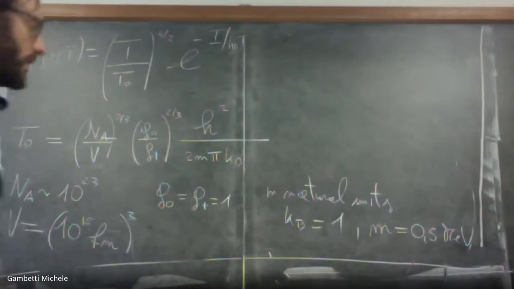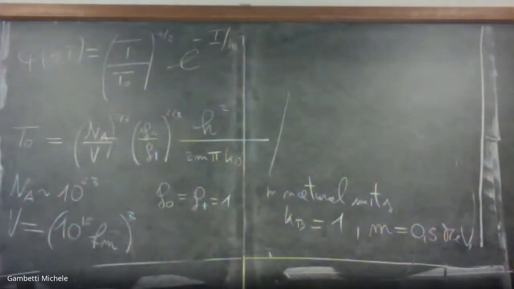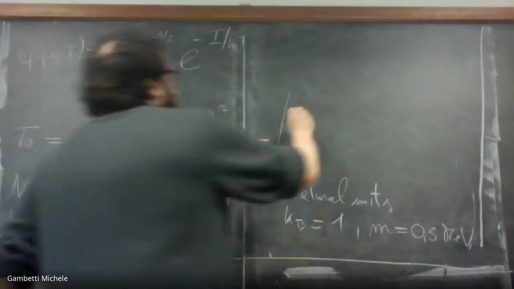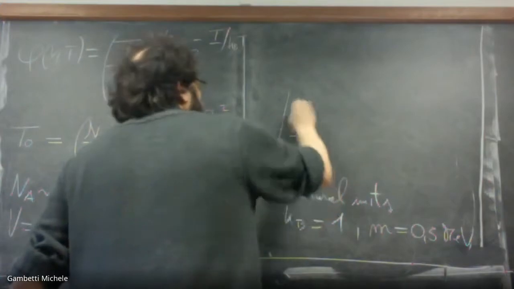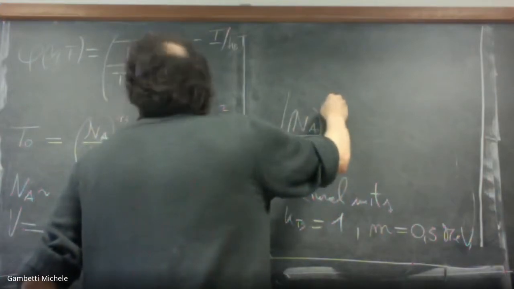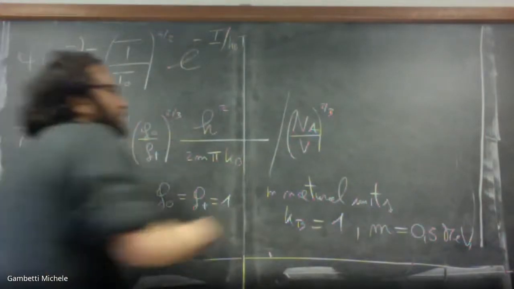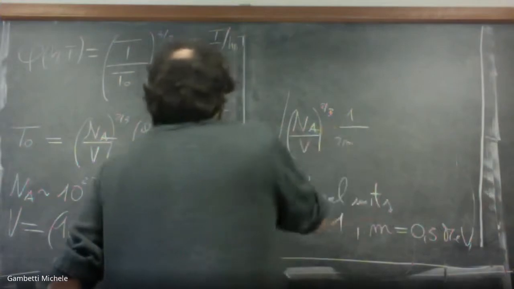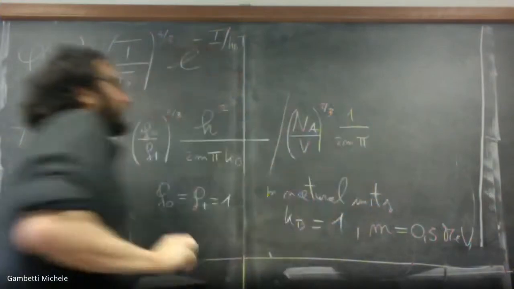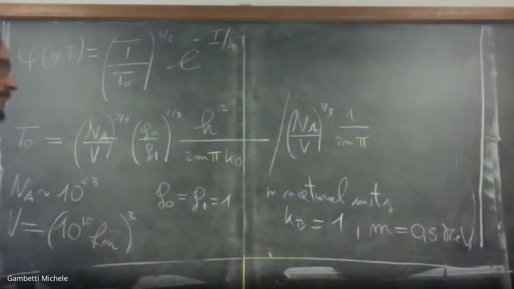So in order to get the proper number, in natural units, let me write first of all this quantity. So this is NA divided by V to the 2/3. Okay, this is 1, so I will not put this 1. So now you have 1 divided by 2 m pi. So kB is 1, h by h is 1.